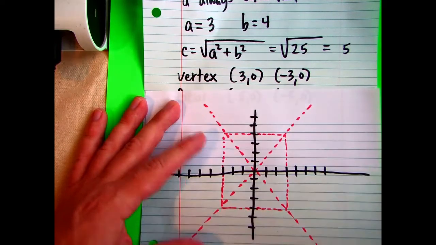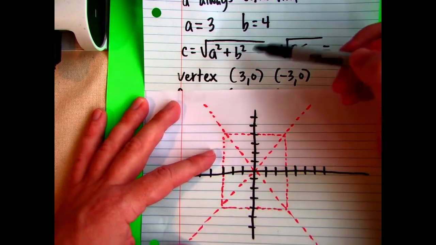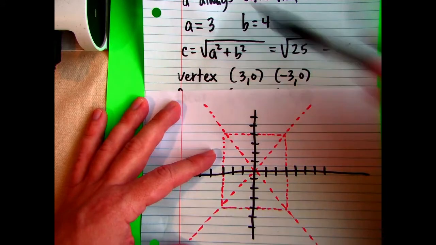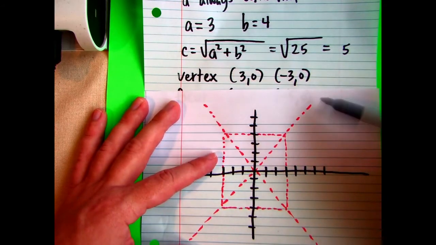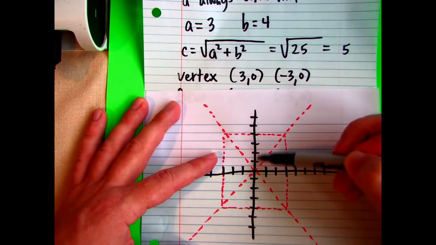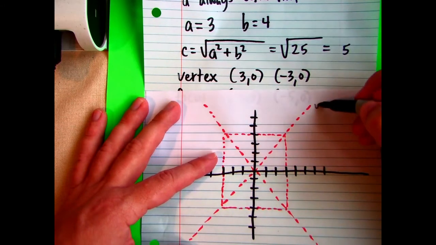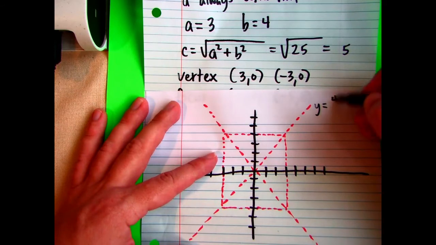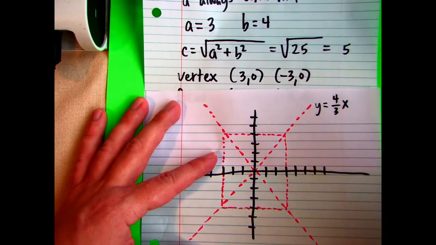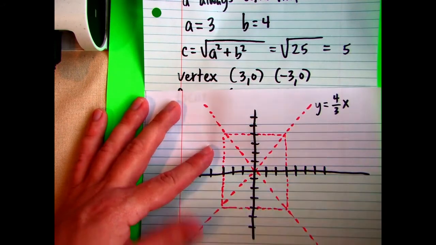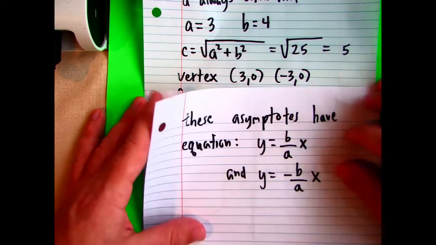The equation of that asymptote is y equals b over a x. Well, if b is 4 and a is 3, that equation should be y equals 4 over 3 x. And from the rise and run, you can tell that is the case, right? That's 4 over 3 x. That's the slope.